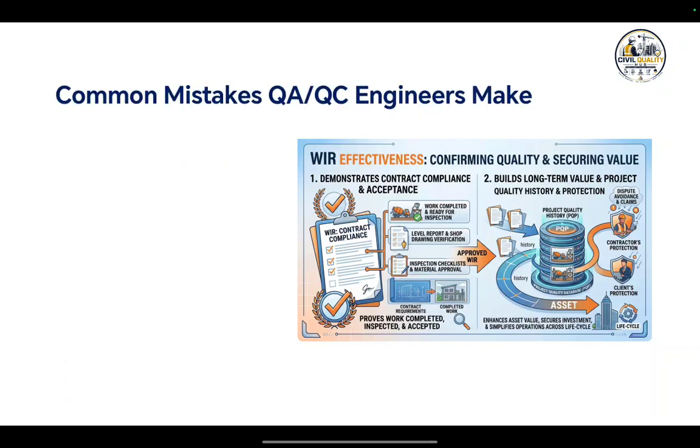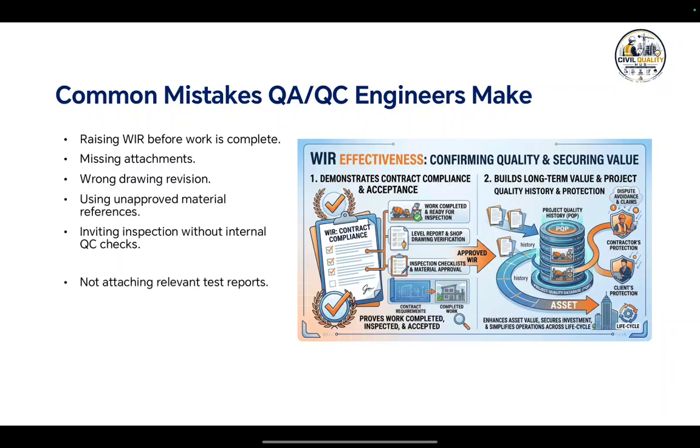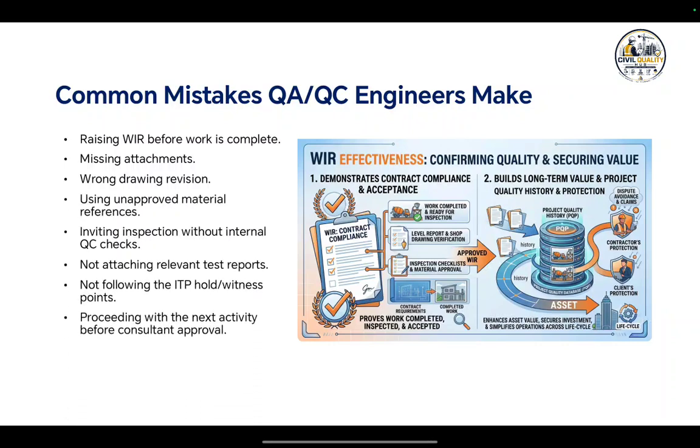Now let us move to the next slide, common mistakes that QA/QC engineers make. Let us discuss some mistakes frequently made by new QA/QC engineers or intern engineers. Submitting a WIR before completing the work is a common mistake which we notice.